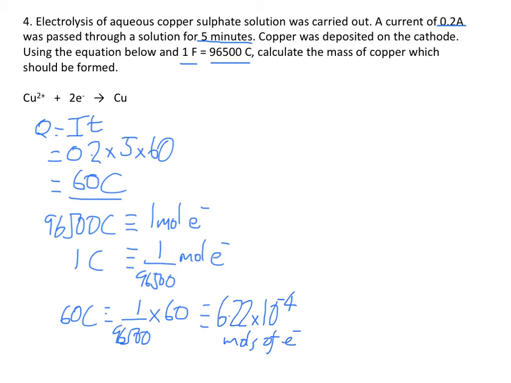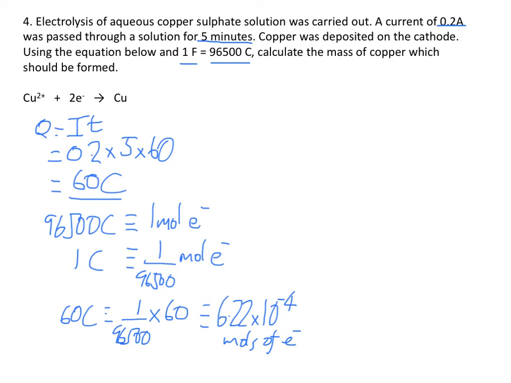Now, if we've got the moles of electrons, we can start to use this equation here. Because this equation here tells us that 2 moles of electrons produces 1 mole of copper. Well, we haven't got 2 moles of electrons, we've got this many. But we've got a 2-to-1 ratio.